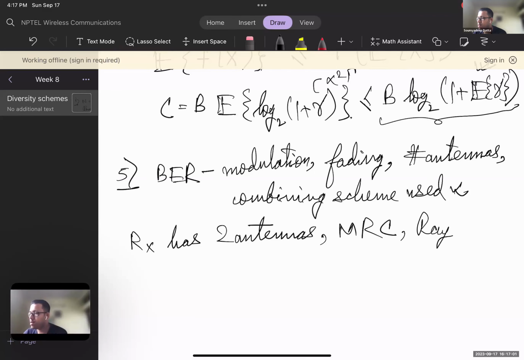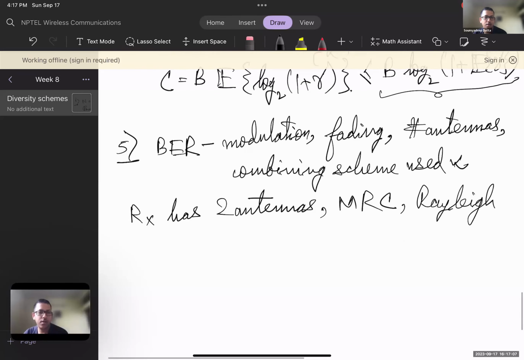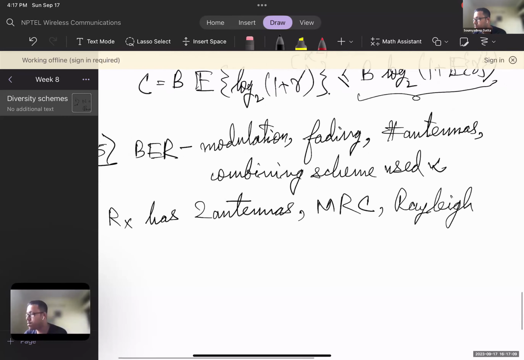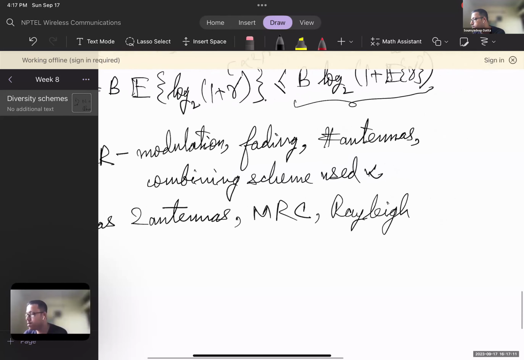Okay. You have two antennas, and the average receive SNR at both antennas is not the same. At one antenna, gamma 1, the received SNR is, let's say, 10 dB.